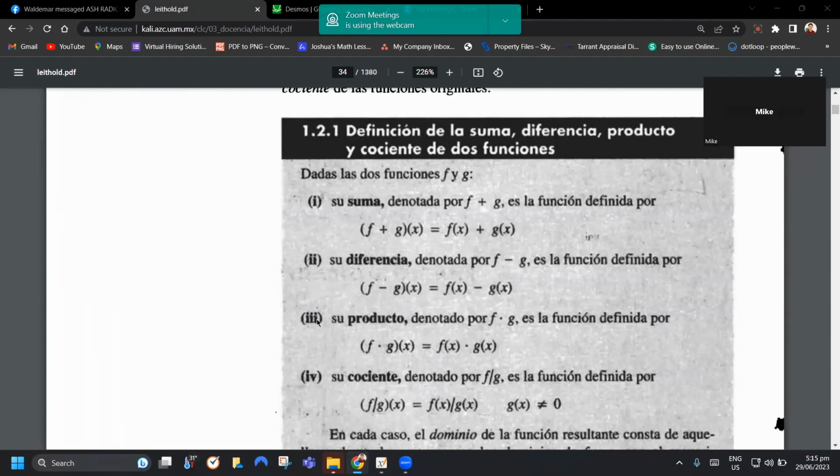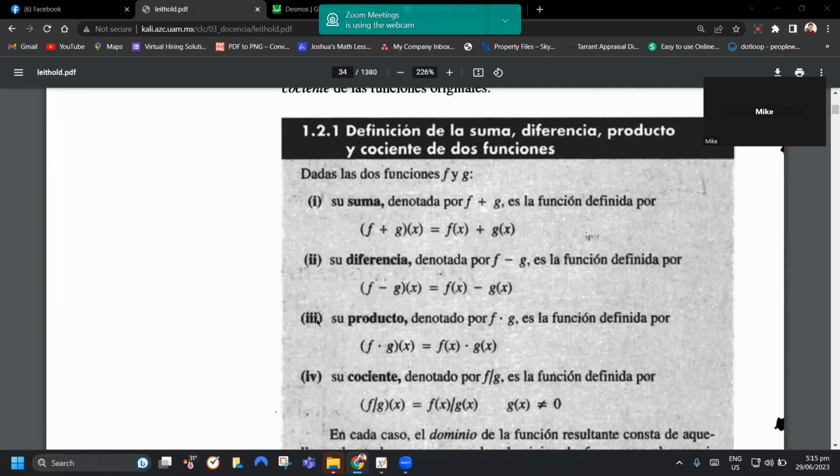The main difficulty with function composition is following the domains, or finding the domain of the composite function, because the domain can be smaller.